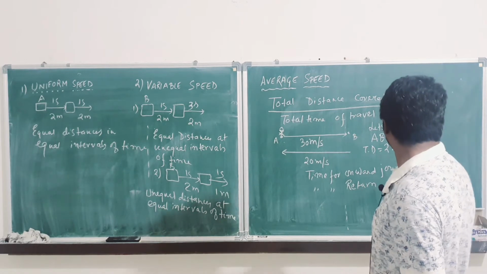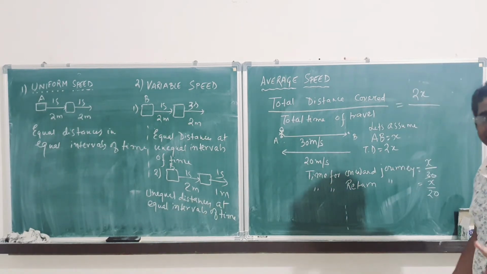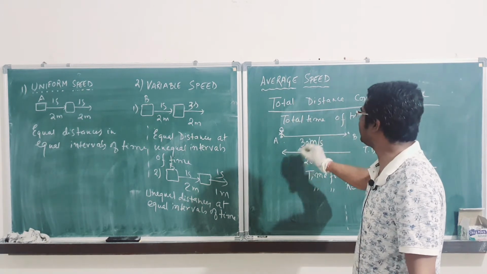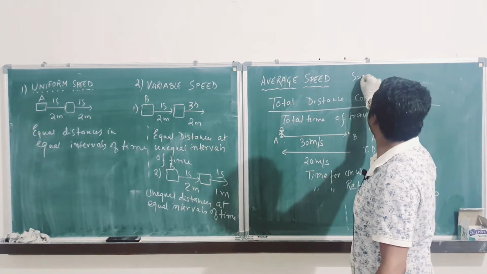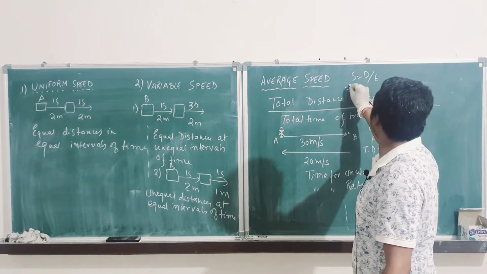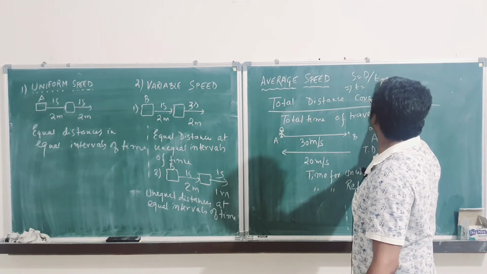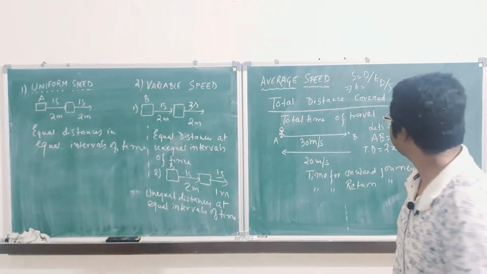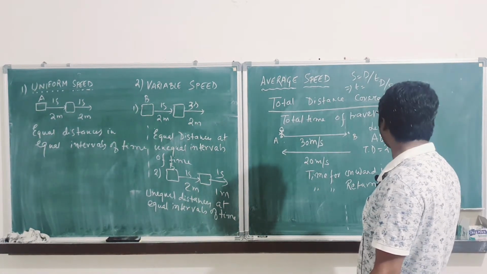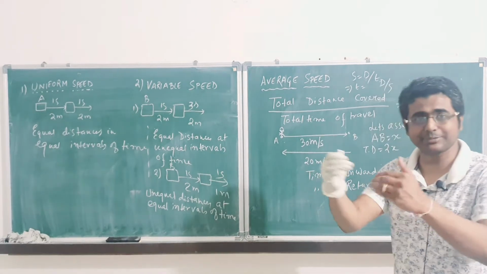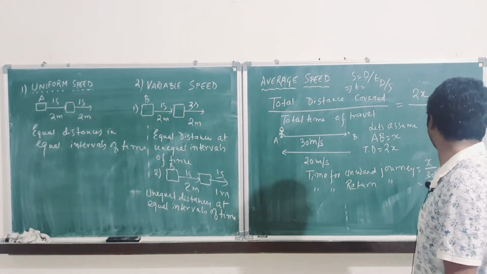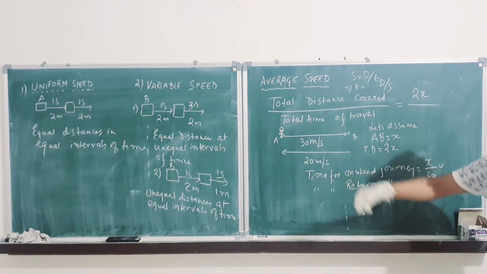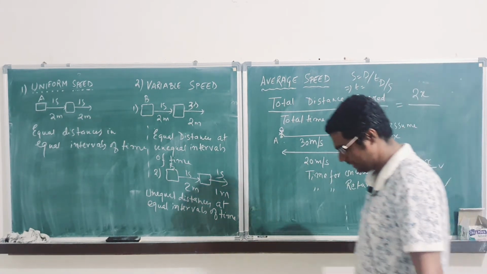So these are the total two journeys, right? Clear? How did we get the time? Because what is speed? Speed is distance by time. So time means distance by speed. So how much is the distance? x. How much is the speed? Speed is 30 meter per second. So x by 30 here, and here x by 20 for the return journey. Clear?